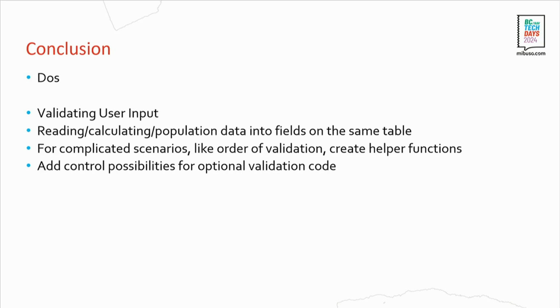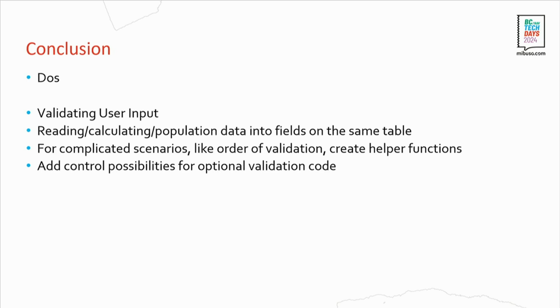And if there is any scenario where you would have conditional code, like where you would say, well, I could imagine that this chunk of code might not be always needed, either put in control possibilities on setup pages, where you can just switch it off that way, or at event subscribers, event publishers others can subscribe to with handle pattern, use interfaces, whatever.